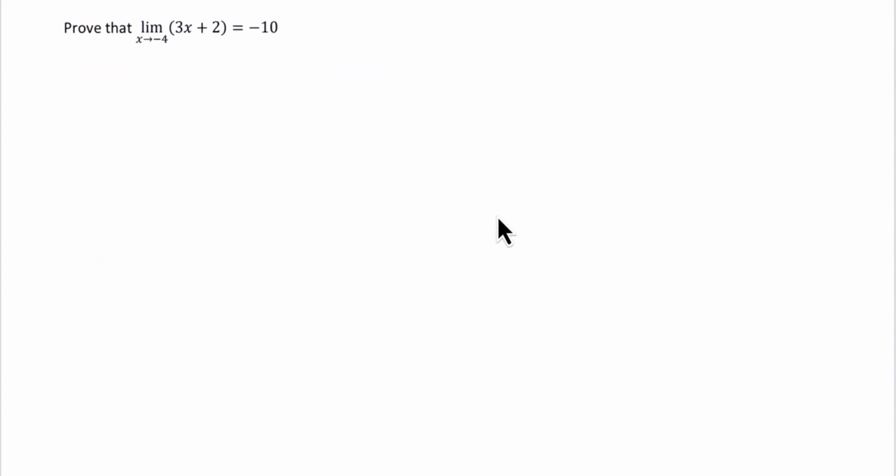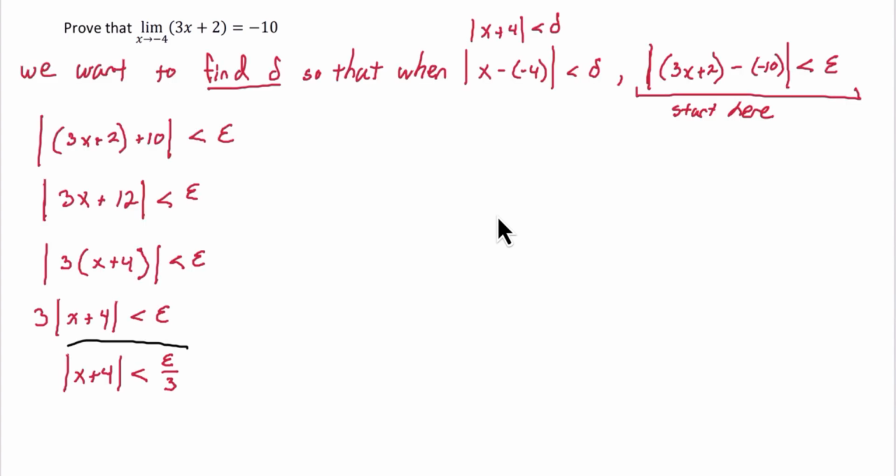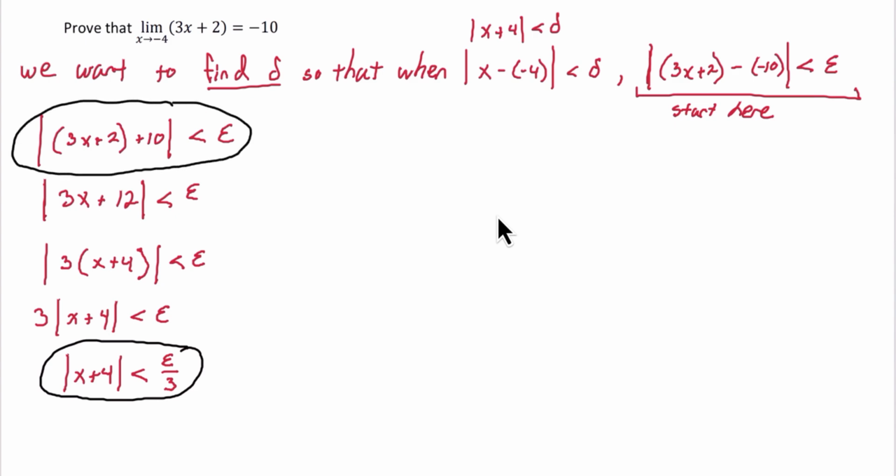What we now have is essentially an equivalent statement to what we started with. It looks a little different, but they are equivalent. We went through algebraic steps to get here, so it's an equivalent statement. We'll use this now to be the delta that we're looking for. We're going to choose a delta value that is epsilon divided by 3.